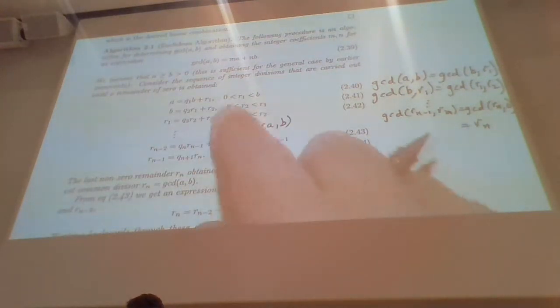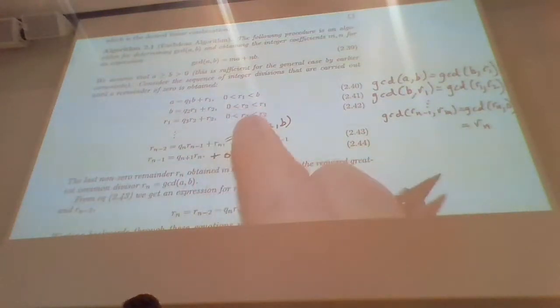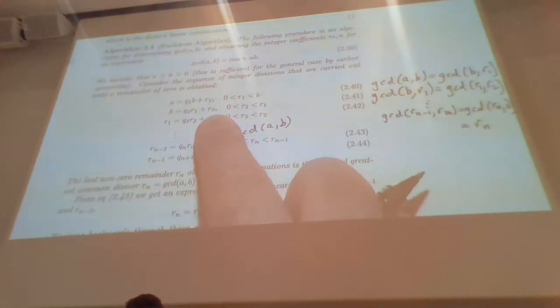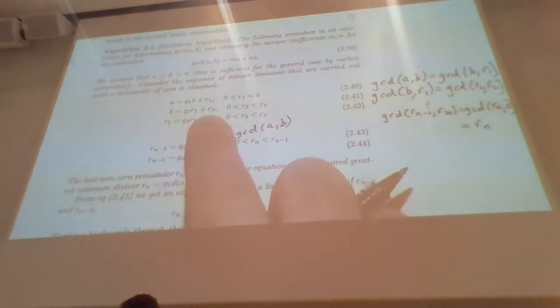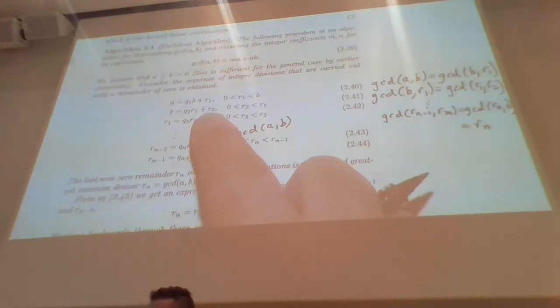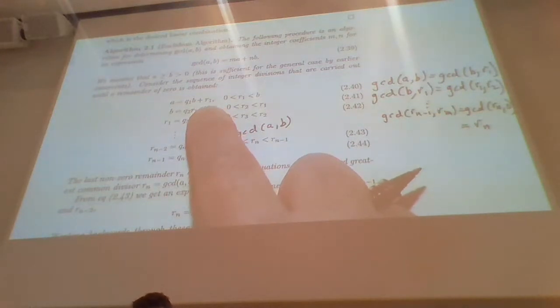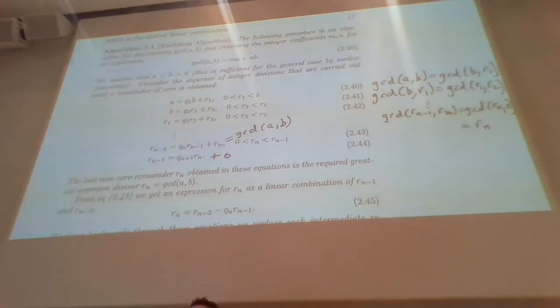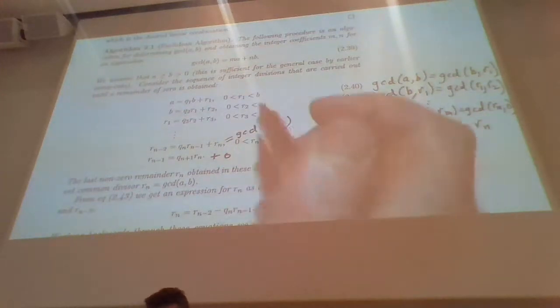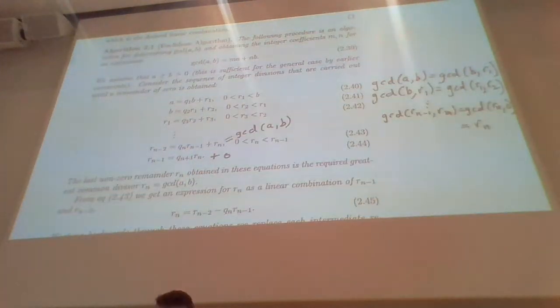Eventually, just before it ends, you'll have the GCD as a linear combination of R1 and B, once you eliminate R2. And then the very first equation replaces R1 as a linear combination of A and B. Once you make that substitution, you'll have the GCD as a linear combination of A and B, and you'll have identified the values of the coefficients m and n.